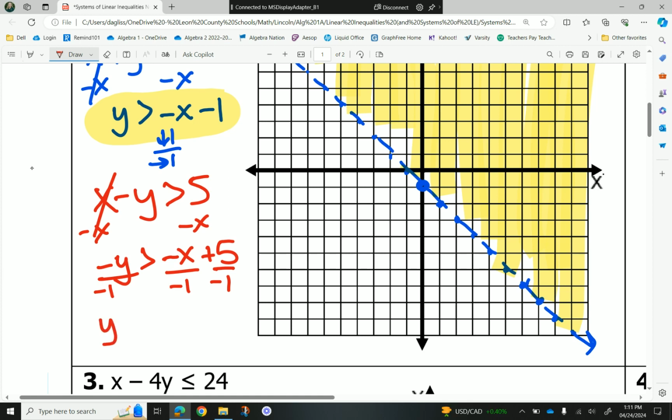So this is y is now less than. Negative x over negative 1 makes it a positive 1. And then 5 divided by negative 1 makes it negative 5. If you want to write a 1 in front of this x, you can. It's not going to be wrong. If that helps you see it better, go for it. Okay.